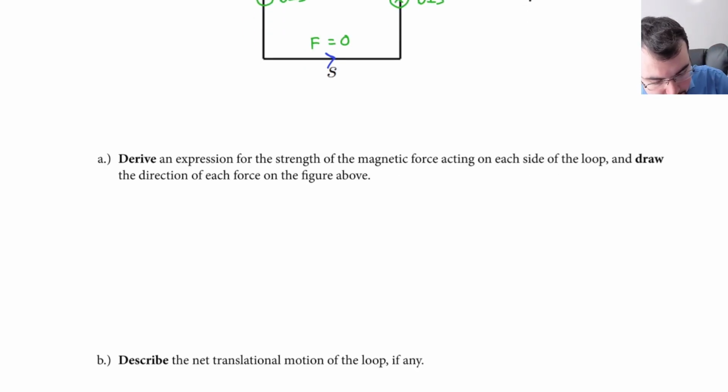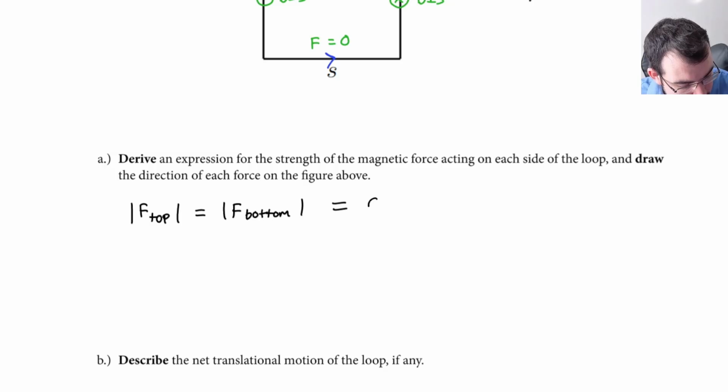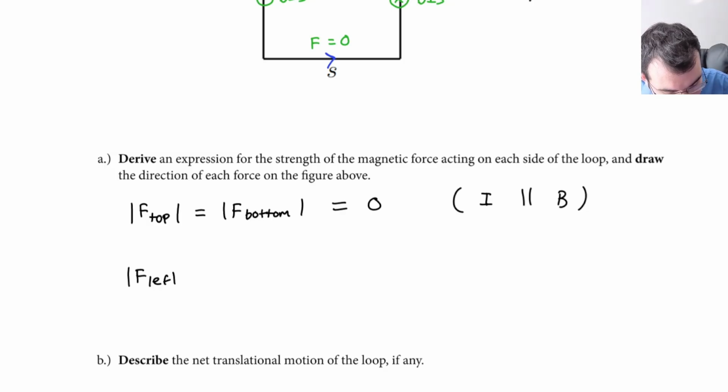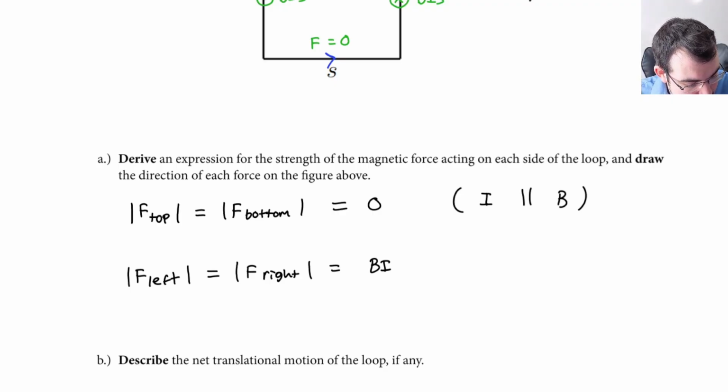So the top and bottom forces are equal to 0 because the current is parallel to the B field. And then F on the left side is equal to F on the right side, which is equal to BIL.